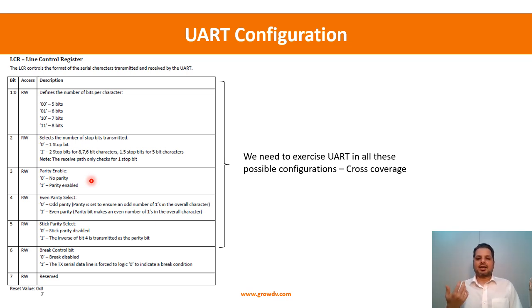What we have to do is understand this spec and exercise it. When I look at this register, what it means to us as verification engineers is that we need to cross it. If you remember the functional coverage, we need to cross it. It means I should configure 5 bits, then 1 stop bit, and let's say no parity, and run the full flow.